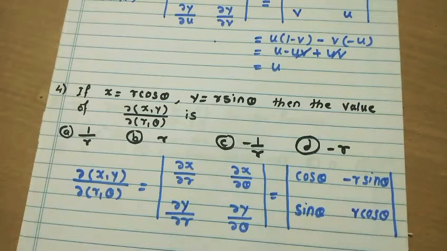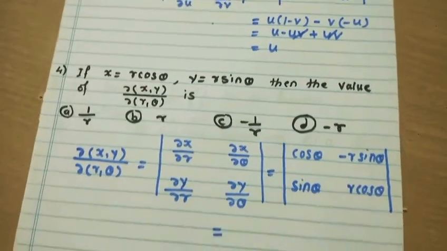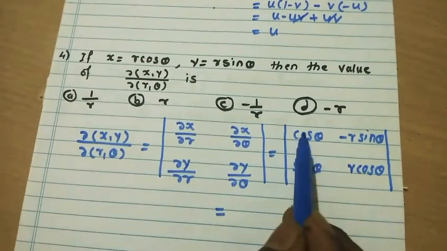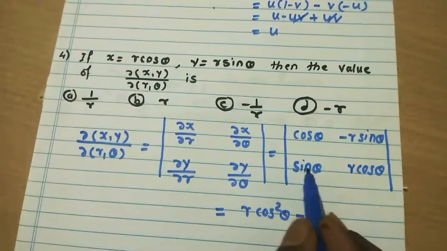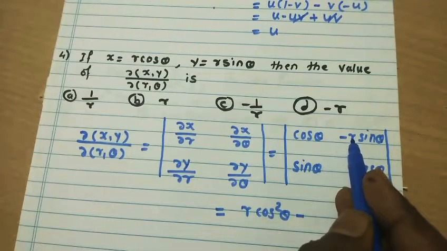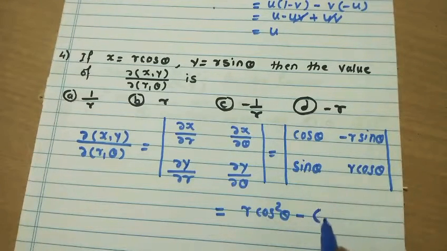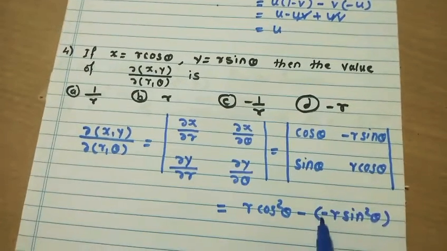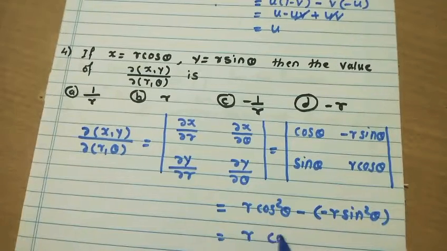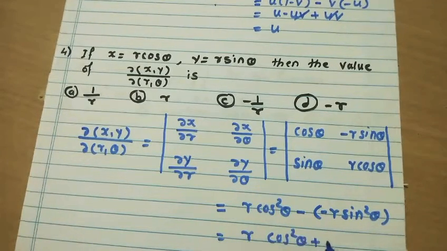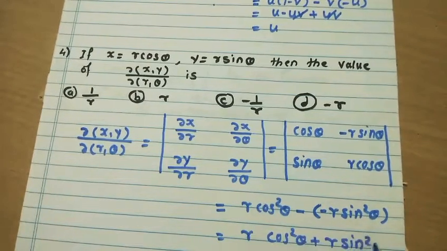Now find the determinant of this. So this is equal to cos theta into r cos theta, so it will be r cos square theta, minus sin theta into minus r sin theta, so it will be minus minus r sin square theta. This minus minus becomes plus, so it will be r cos square theta plus r sin square theta.